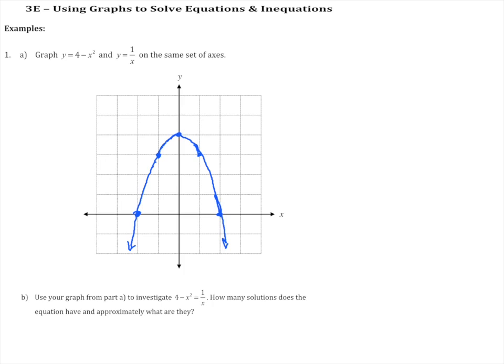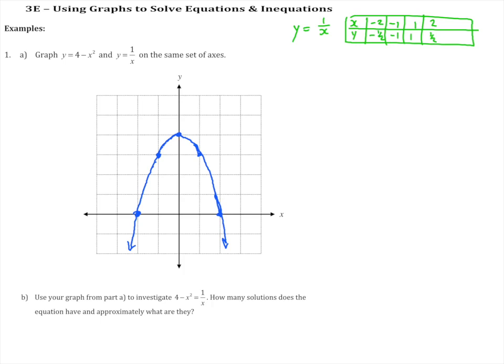Now, y equals 1 on x. I'll graph that in a different colour. Let's just make sure we get this right. We know it's a hyperbola. So, if I was actually going to plot some points, I just want a couple of them. So, let's plot when x is minus 2, minus 1, 1 and 2. That'll do. When x is minus 2, it's minus a half, minus 1, 1 and a half.